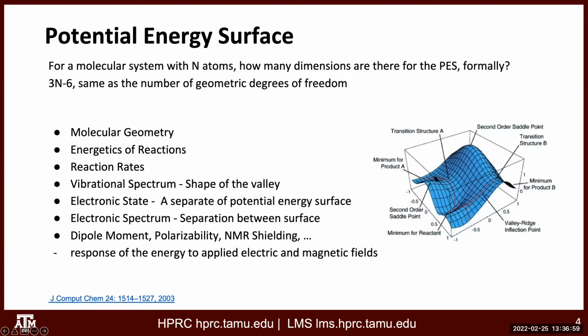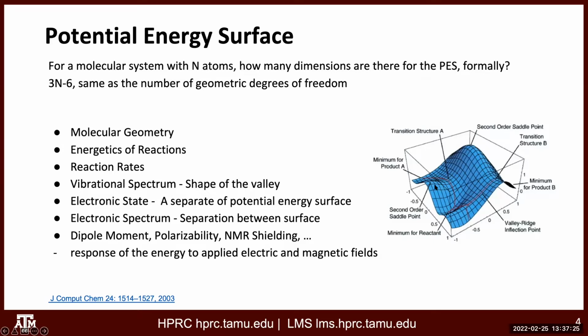On the potential energy surface, when you see these valleys, those are the minima. They can be reactant or product, and we usually call them intermediates. Then along the mountain path, you would see a saddle point.